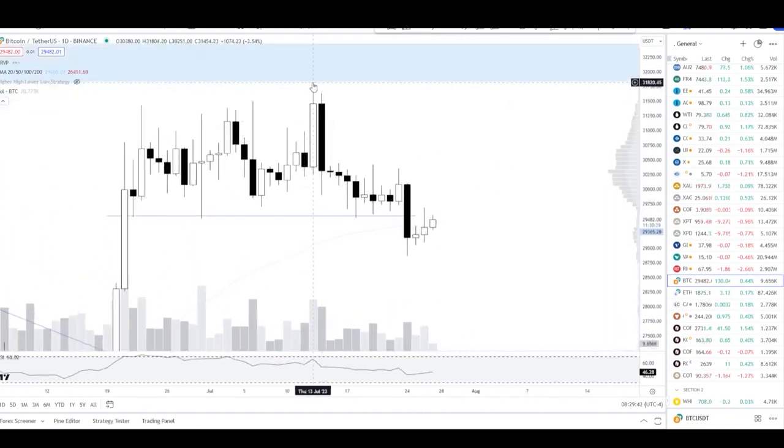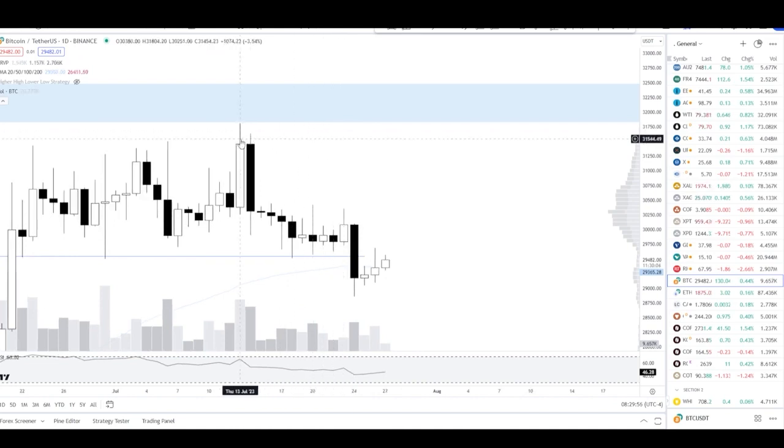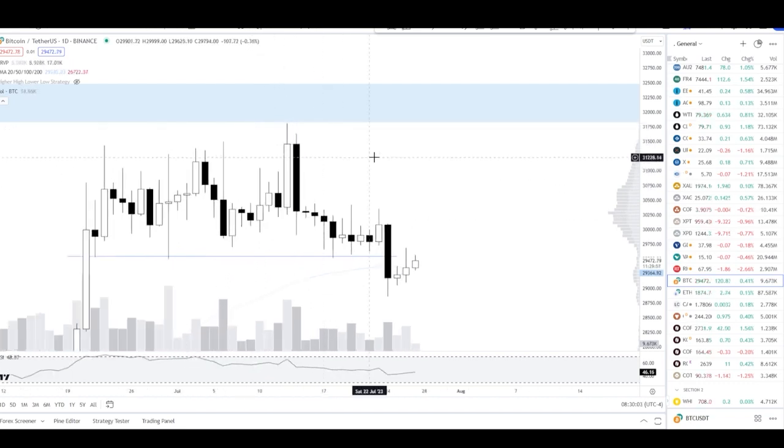Back then, this very strong bullish candle indicated a possibility of reaching through those highs. However, what happened afterwards, the daily candle, really pushed us back lower.